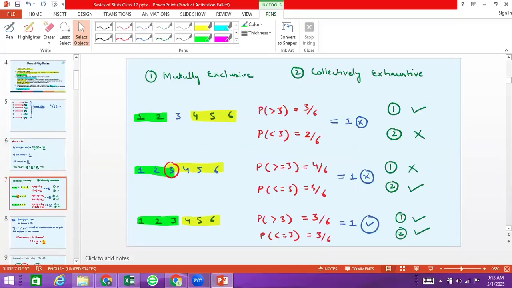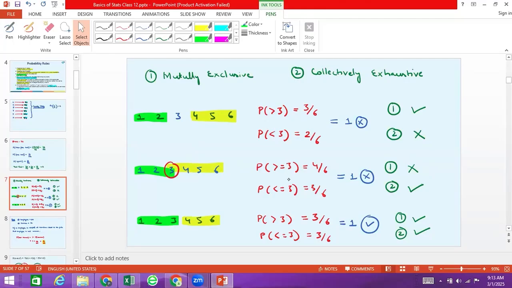First condition, that the events should be mutually exclusive. Okay, the events should be mutually exclusive. It means that if one event is happening, the second event cannot overlap with it.